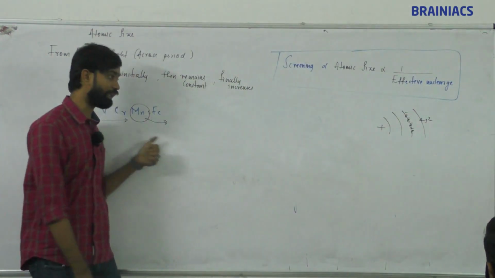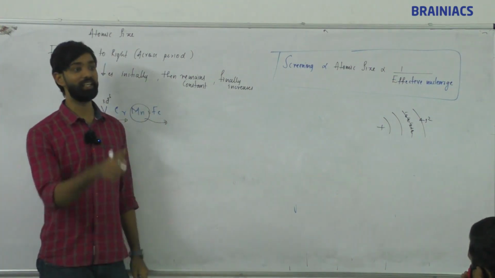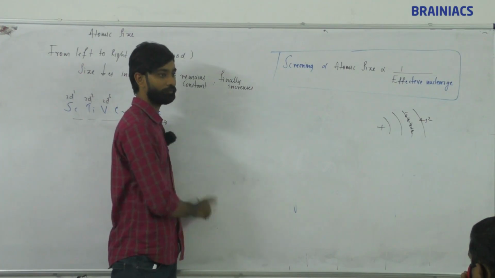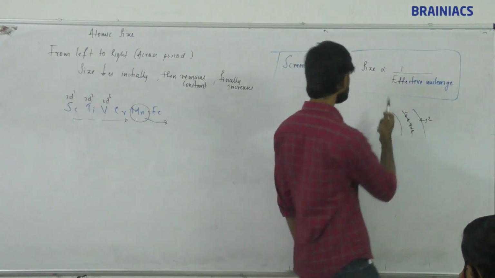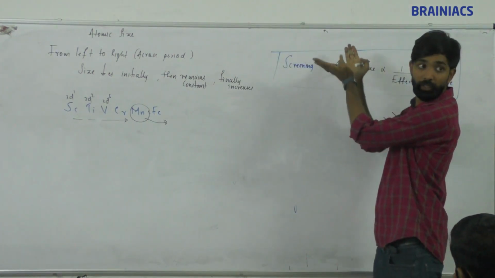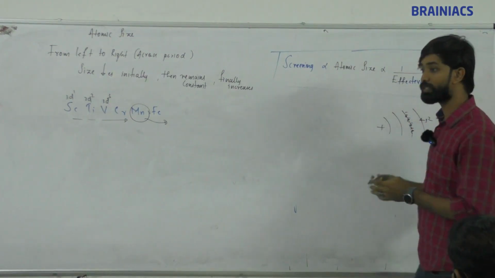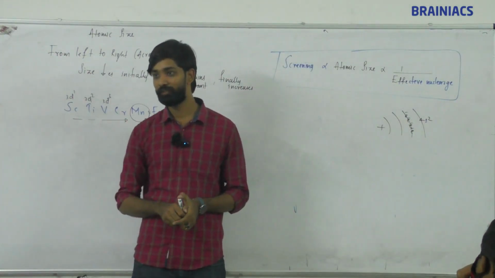So both screening and nuclear charge increase when we move from left to right here. If screening increases, the size has a tendency to increase. At the very same time, if effective nuclear charge increases, the size has a tendency to decrease. So there will be a competition.